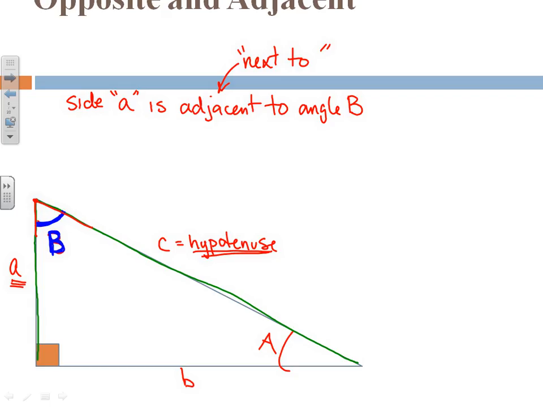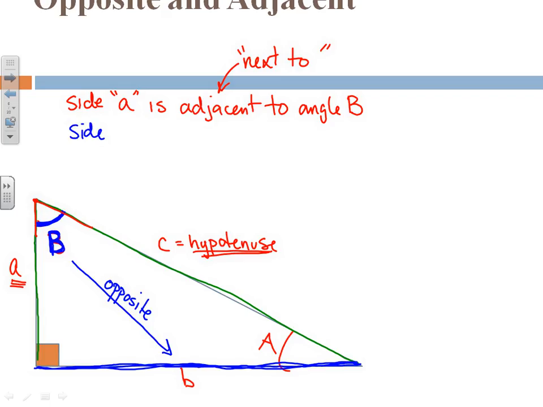Side b, hanging out over on the opposite side of our triangle, is the only side that doesn't help make our angle B. It's all the way over here, or opposite. On the opposite side of angle B. So we say that side b is opposite angle B.